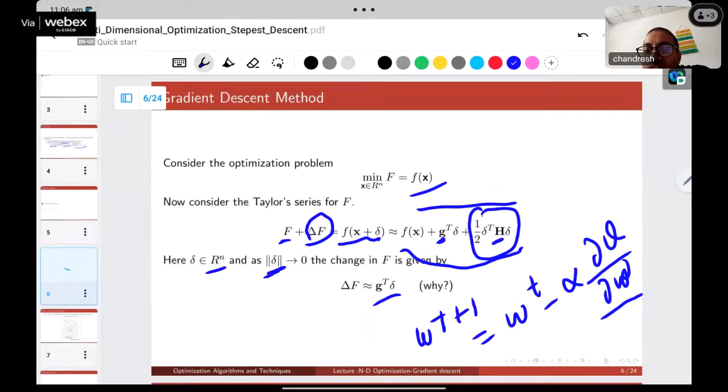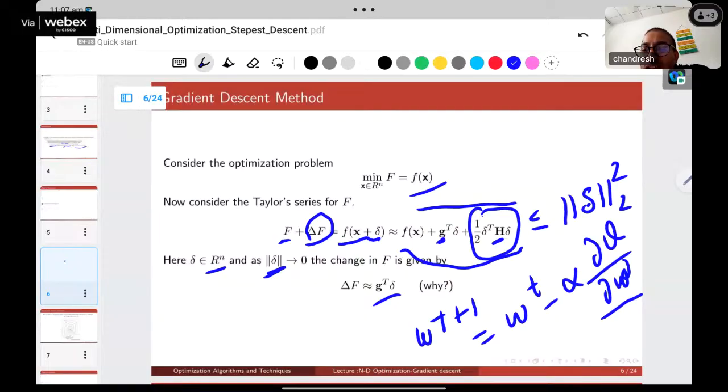This term is bounded by, actually less than or equal to, delta squared if I set the Hessian to be the identity matrix. If H is set to the identity matrix, then this term would be like this.